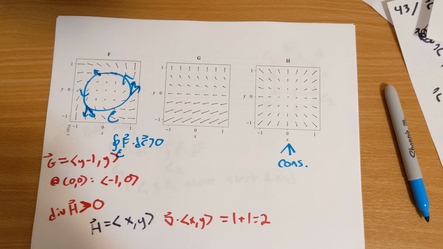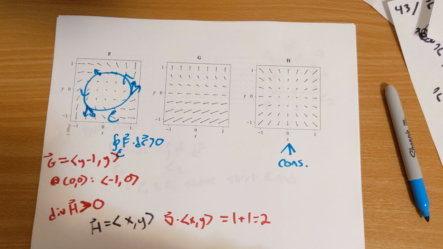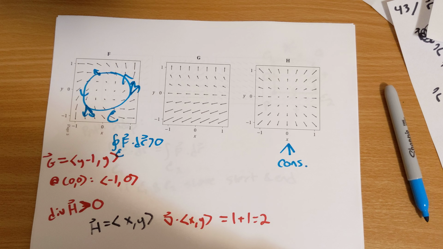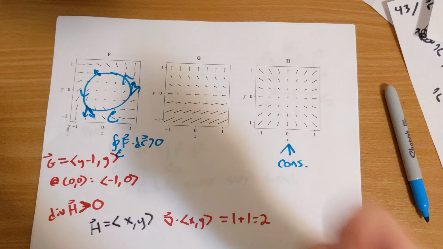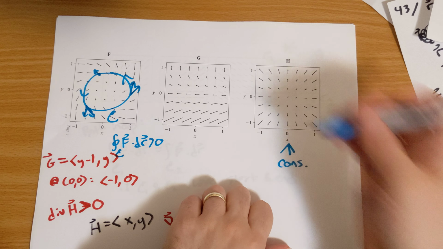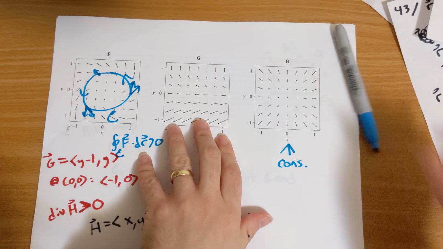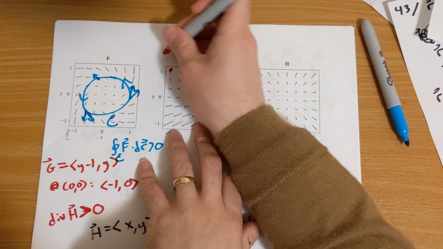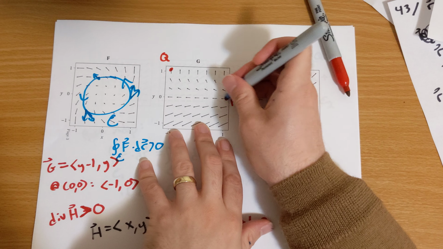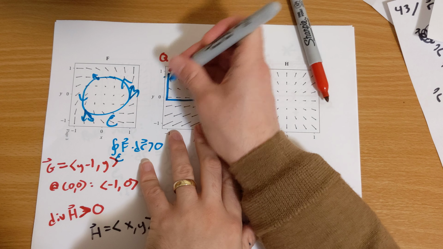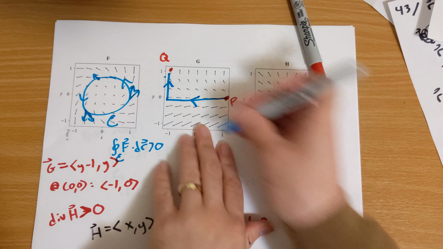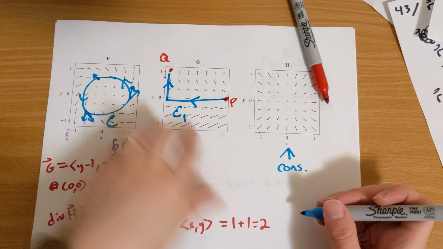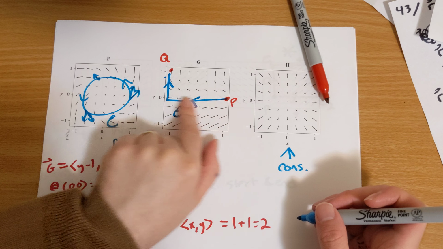For G, I'm going to do it more similarly to what we did in problem 37 and show that this is not path independent. So let me pick this point here as P and this point here as Q. If we go along this curve C1, this is very big.